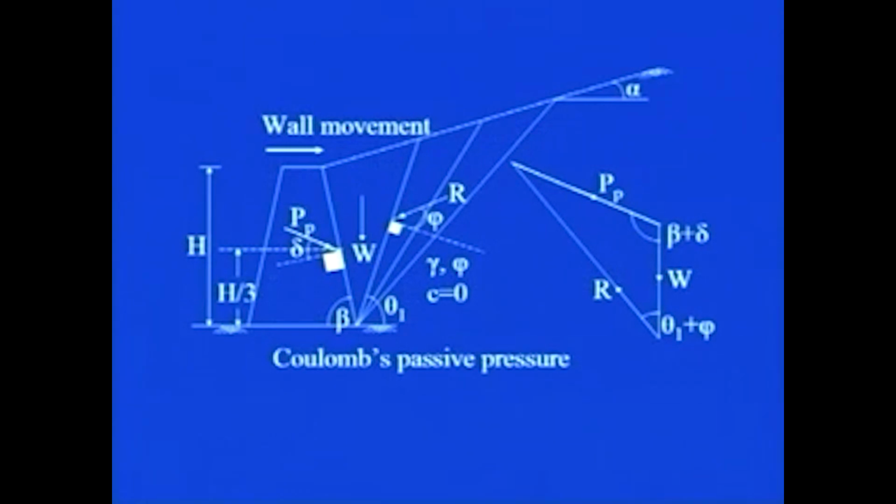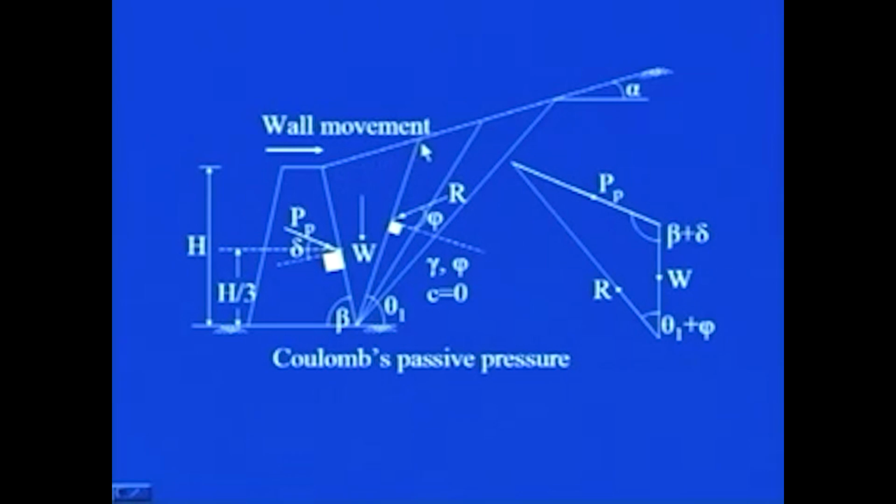Now, since it is passive earth pressure that we are talking of, the wall movement is towards the backfill. That is how the passive condition is generated in this particular soil. So, we really do not know how the failure is going to take place.